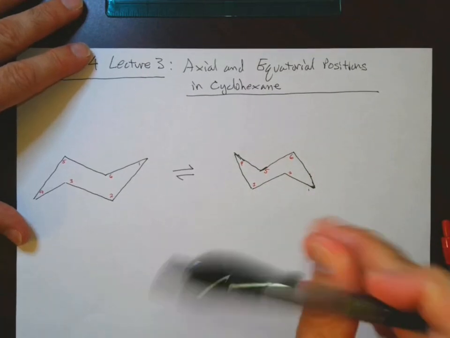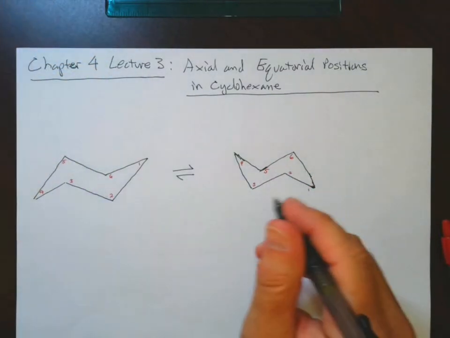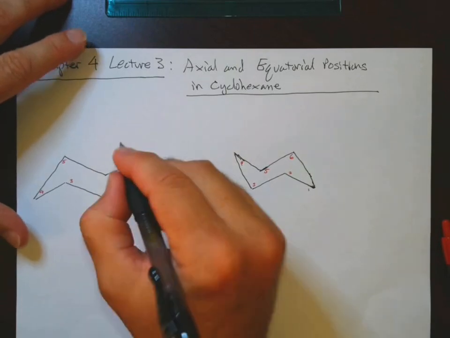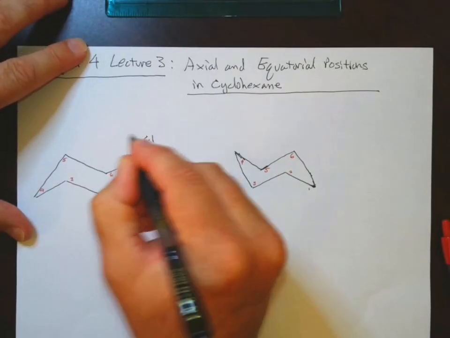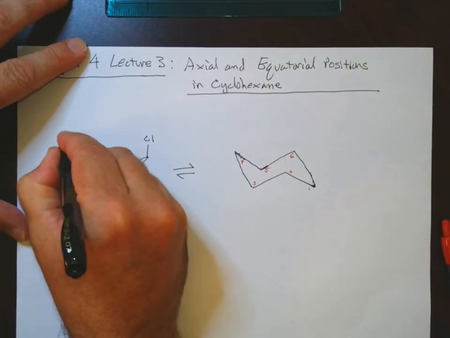All right. So now let's go ahead and add in some atoms. So I'm going to go ahead and put some chlorines in the axial positions.